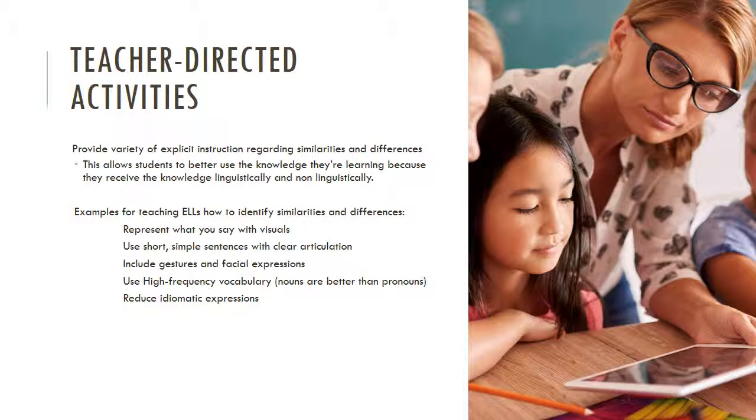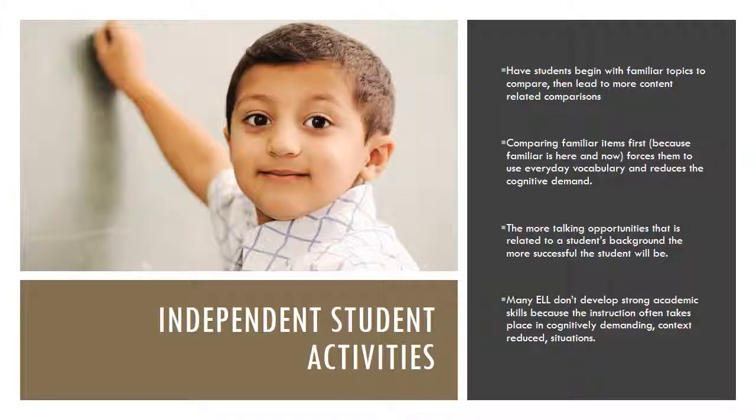Examples for teaching ELLs how to identify similarities and differences are representing what you say with visuals, use short, simple sentences with clear articulation, include gestures and facial expressions, use high-frequency vocabulary, nouns are better than pronouns, and reduce idiomatic expressions. These strategies align with strategies we have talked about in class.